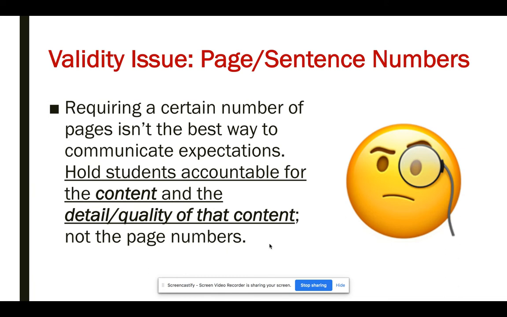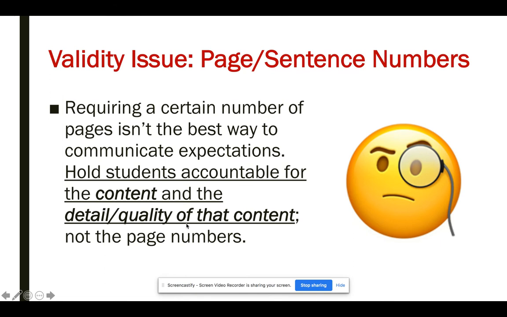Some validity issues come up when we ask for page numbers, or the number of sentences. Requiring a certain number of pages or sentences isn't the best way to communicate your expectations. They could write a whole paragraph or 2 paragraphs and not address any of your UKDs. On the other hand, a good writer could address all of your UKDs in detail within 1 paragraph.